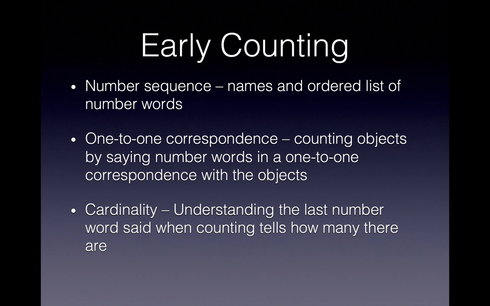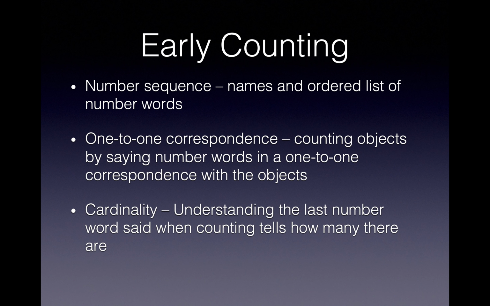In terms of early counting, there are three ways that we think about this along with subitizing. So one is this understanding of a number sequence, and that's just the names and ordered list of number words. So like 1, 2, 3, 4, 5 is a sequence of numbers.